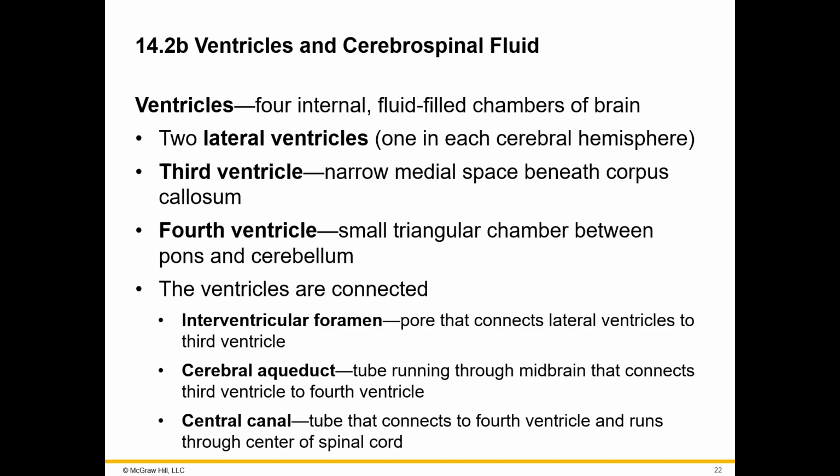That is known as the interventricular foramen. And from the third ventricle into the fourth ventricle, you have an inlet known as the cerebral aqueduct. And the central canal is the tube that connects the fourth ventricle and runs through the center of the canal.